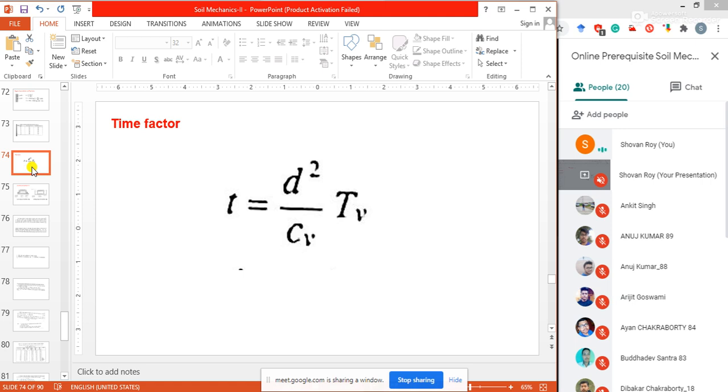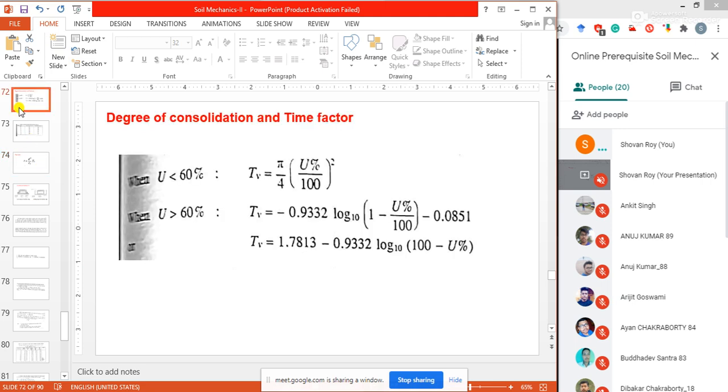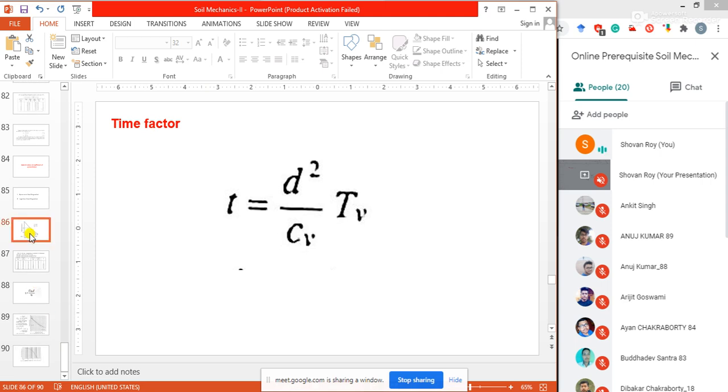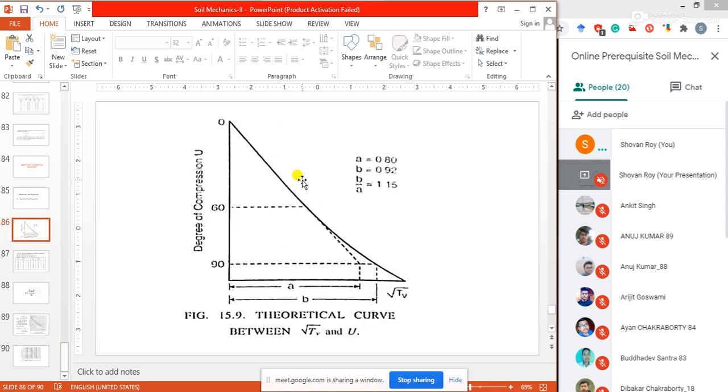So these two values, u and t, or this formula, are required. If we go to our actual slide, this is the theoretical curve between root over TV and u. TV is the time factor, u is the degree of consolidation.